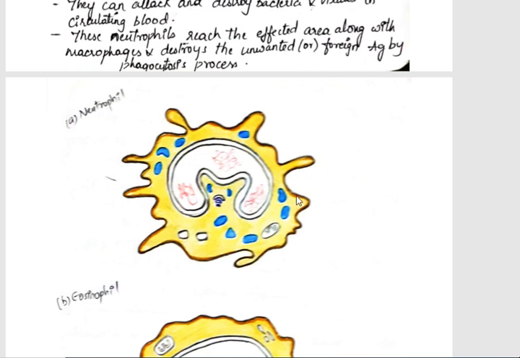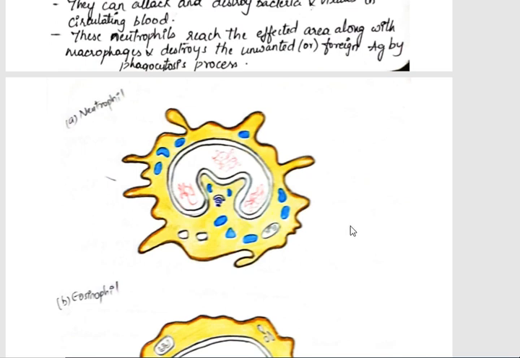And the major function of these neutrophils is phagocytosis. Just as the macrophages are involved in phagocytosis, the neutrophils are also involved in the phagocytosis process. Whereas the eosinophils and basophils are involved in chemotoxicity. But here it is phagocytosis. So these neutrophils can attack and destroy bacteria and viruses in the circulating body.